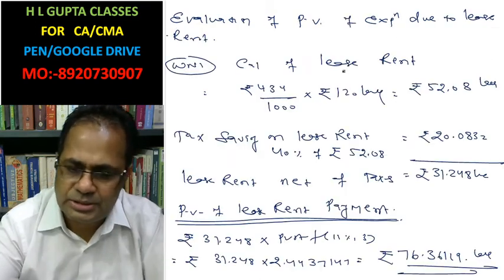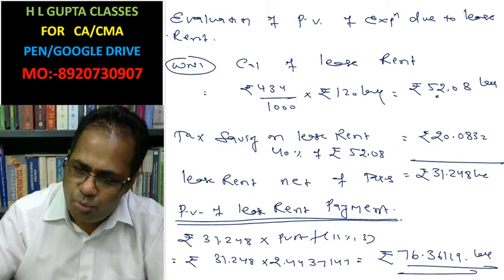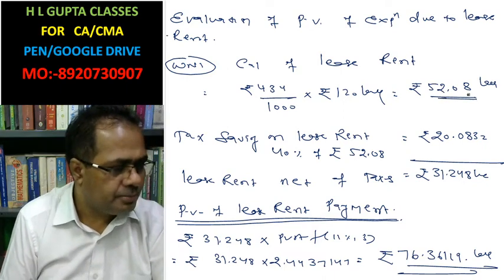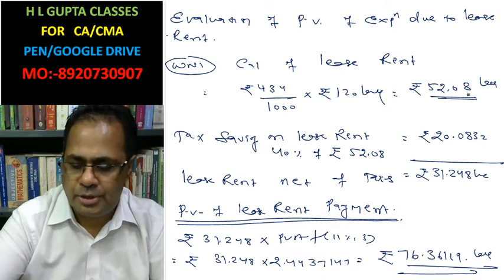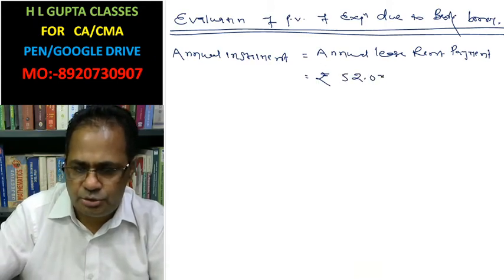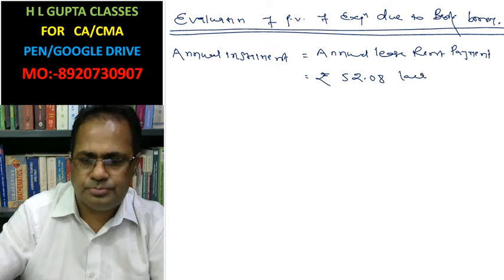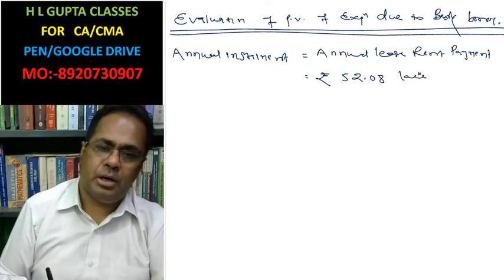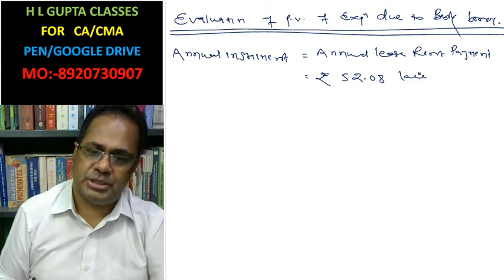What is the annual lease rent payment? It is 52.08 lakh. This installment is paid at the rate of 15%.